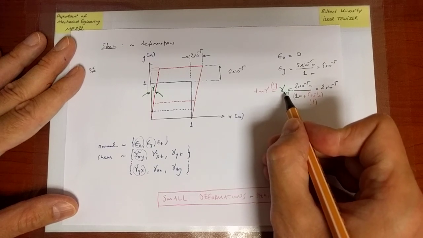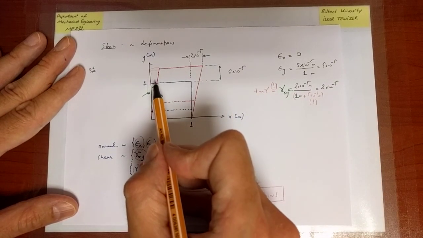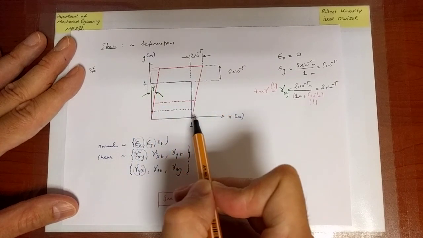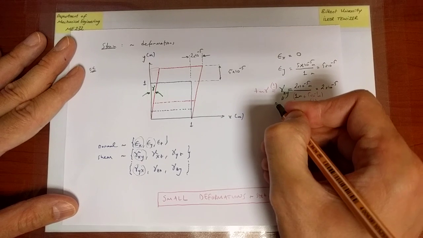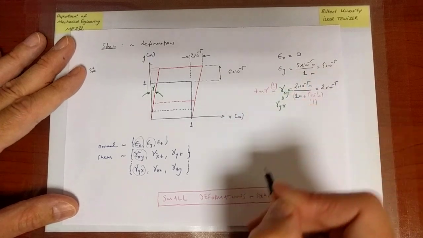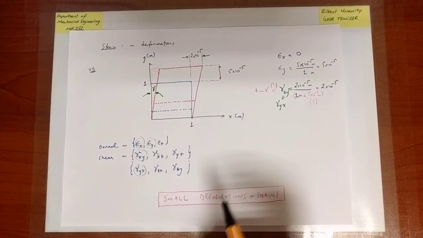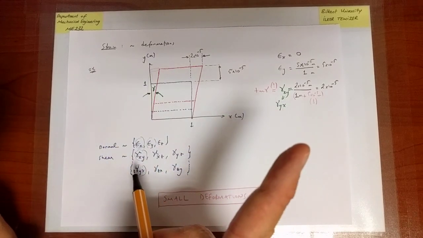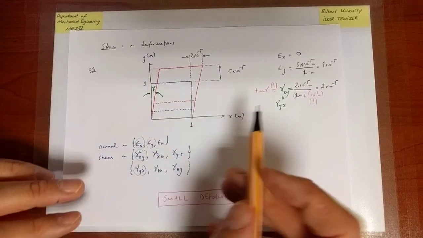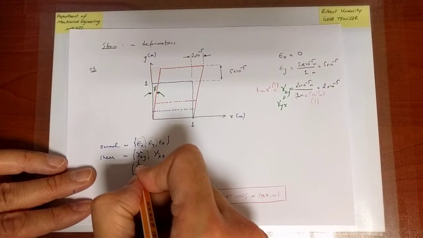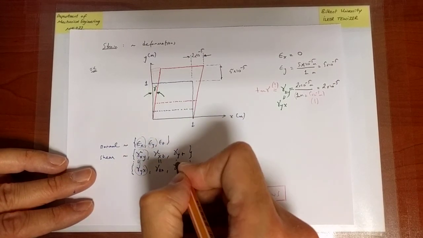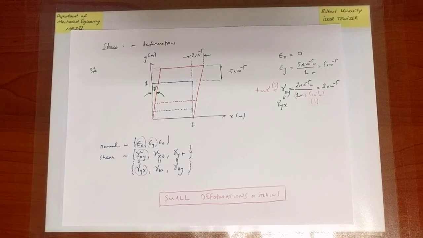In other words, I can look at the angle change between a direct line along x and y or along y and x. It just doesn't matter. It's a play of words. So the concept of angle change does not depend on the way you order the axes. Gamma xy is equal to gamma yx. And for that matter, gamma xz is equal to gamma zx and gamma yz is equal to gamma zy.